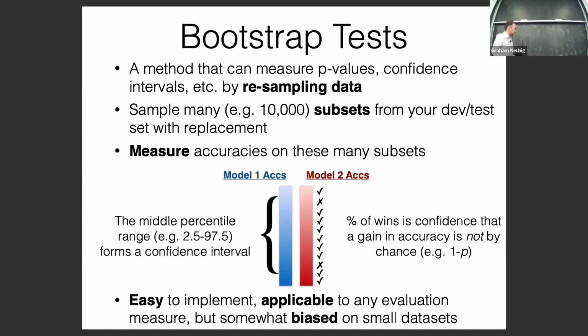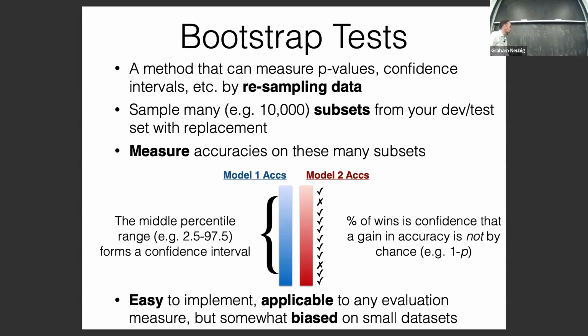And we have system 1 and system 2, and we have right, right, right, right, wrong, right, right, wrong, wrong, right, or something like this.